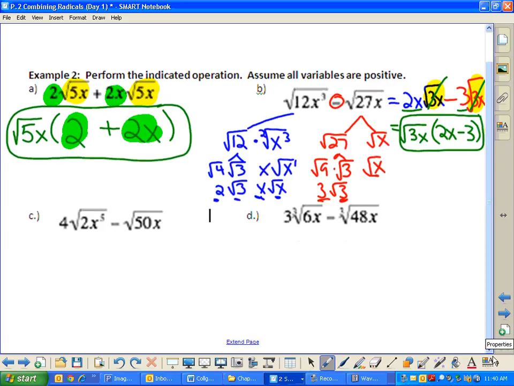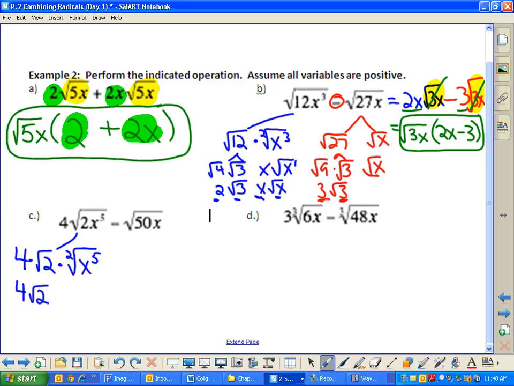So if I simplify 4 times the square root of 2x to the 5th, I'm looking at 4 times the square root of 2 times the square root of x to the 5th. Sorry, I said x before. 4 doesn't simplify. The square root of 2 doesn't simplify. But the square root of x to the 5th does.